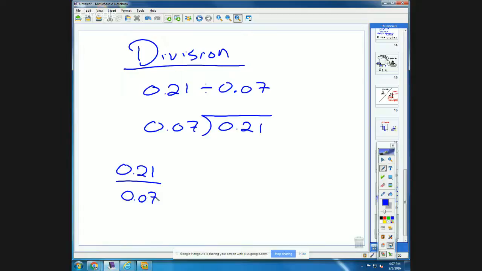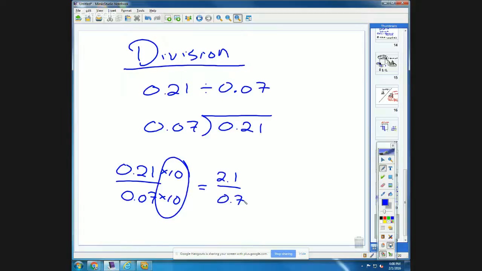Multiplying by 1. And we do that by multiplying top and bottom by the same thing. So for example, I could choose to multiply top and bottom by 10. That's the same as multiplying by 1, because 10 over 10 is 1. That lets me rewrite this. So 0.21 over 0.07 is the same as 2.1 over 0.7.